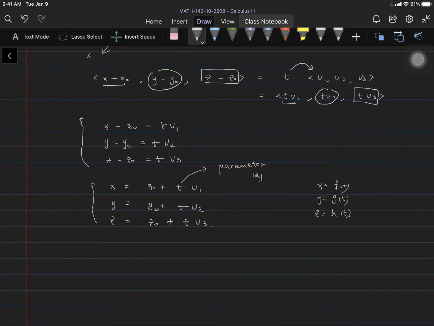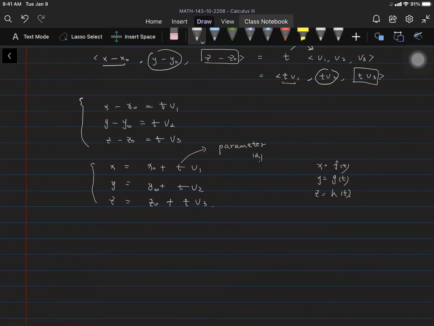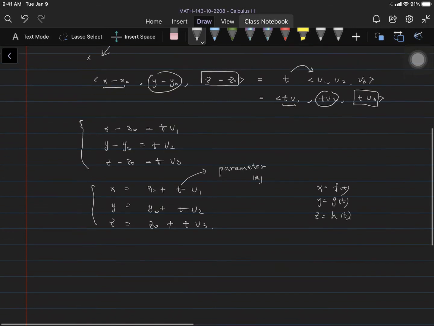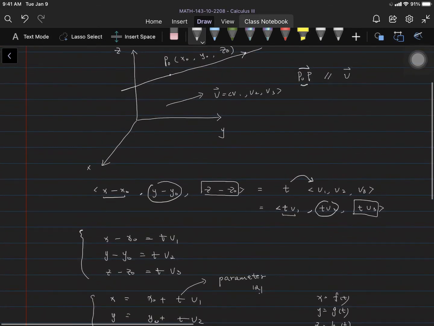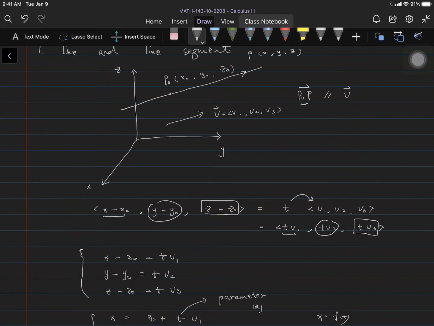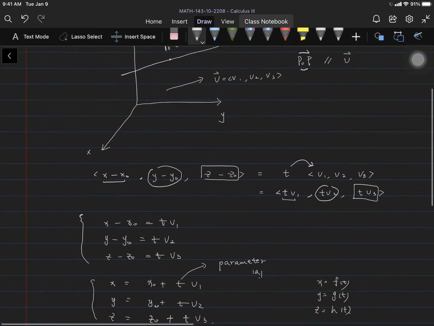So this is the parametric equations. Those parametric equations give us the line that passes through the point and has the same direction as the v vector.